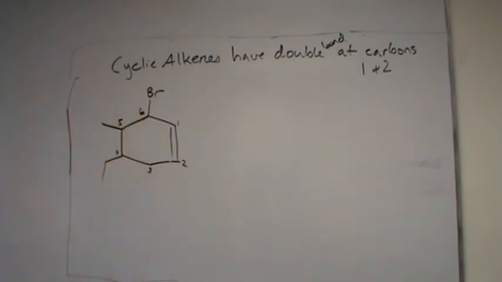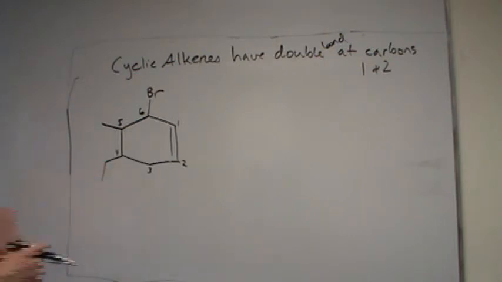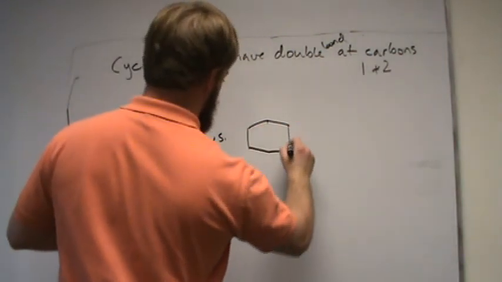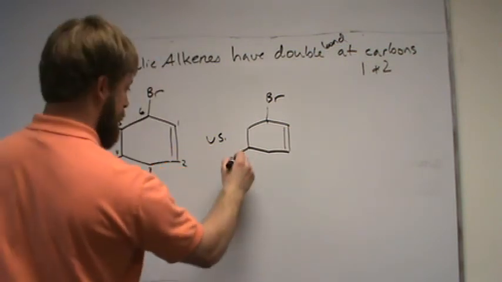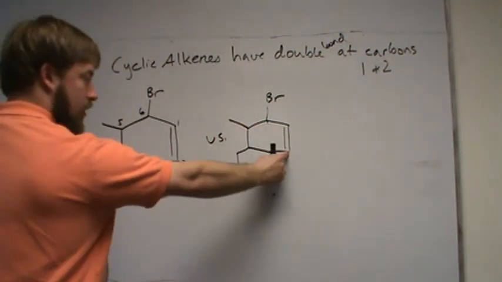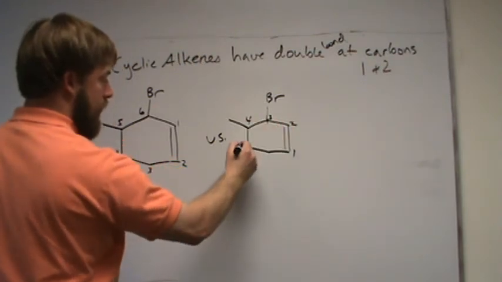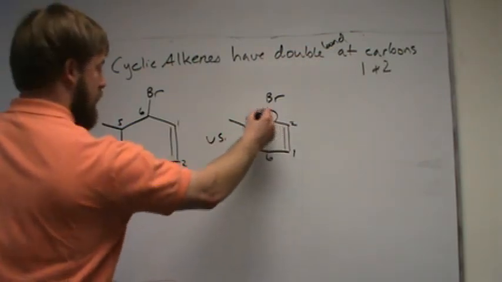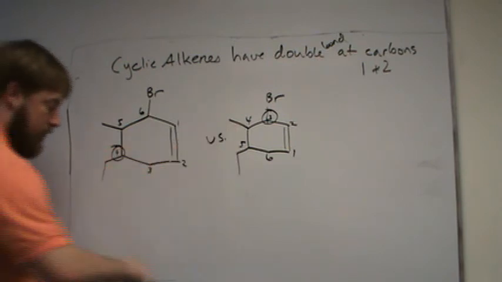Numbering that way, our first substituent is carbon number 4. Let's number it the other way and compare. If we start carbon number 1 here, 1, 2, 3, 4, 5, 6, our first substituent, the bromo group, is at carbon number 3. Over here, our first substituent was number 4. 3 is lower than 4, so that's the way we go.